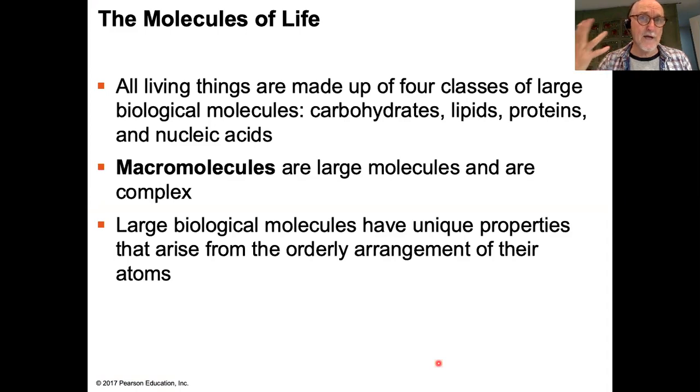When we see the term macromolecule, it's actually rather a loose term. It simply means a very large molecule, which most biological molecules are. There's no lower limit where something stops being a macromolecule, so it's somewhat vague in that sense. But most of the molecules that we deal with in living systems are macromolecules. They're extremely large molecules.